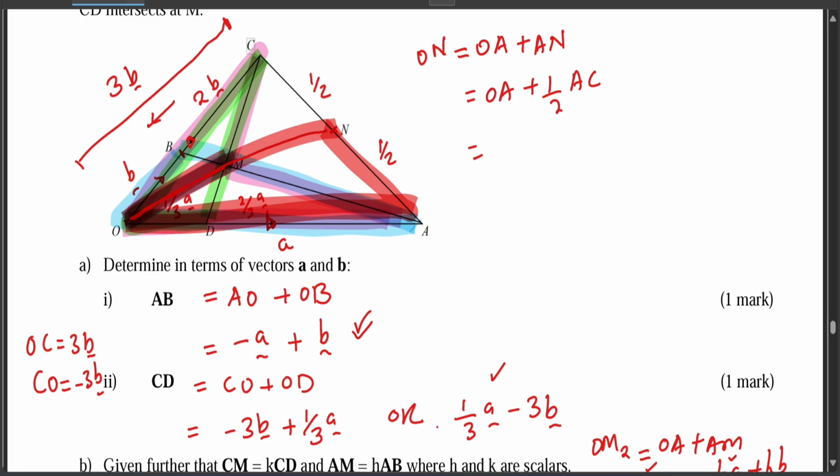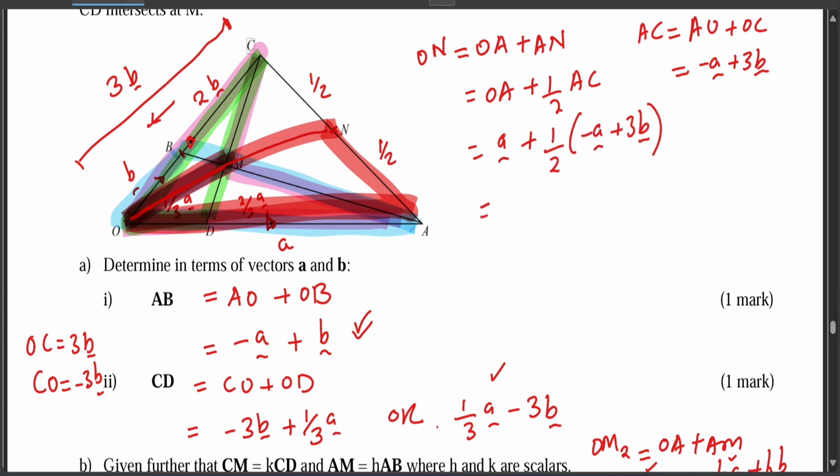We don't know that. What we know is OA is vector A. AC is given by AO plus OC. Our AO is negative A, our OC is 3B.